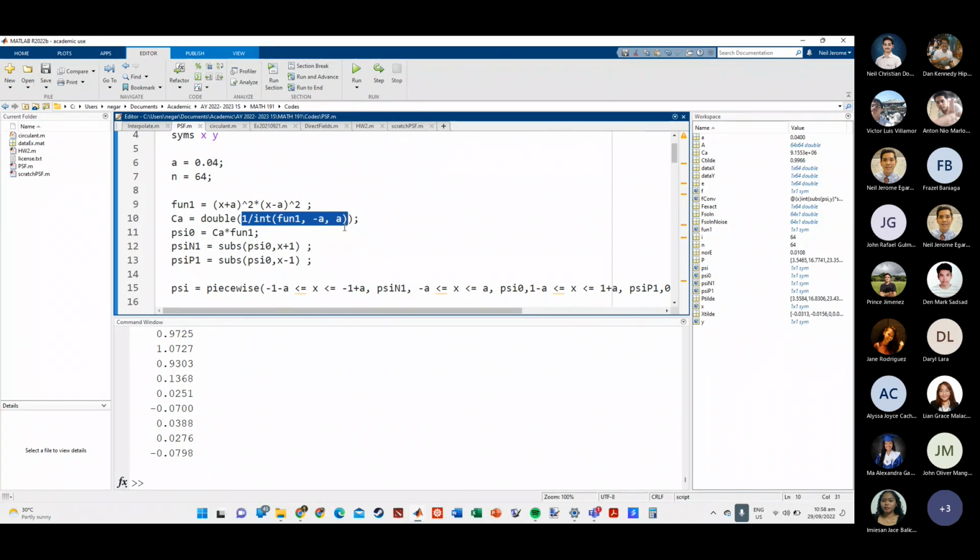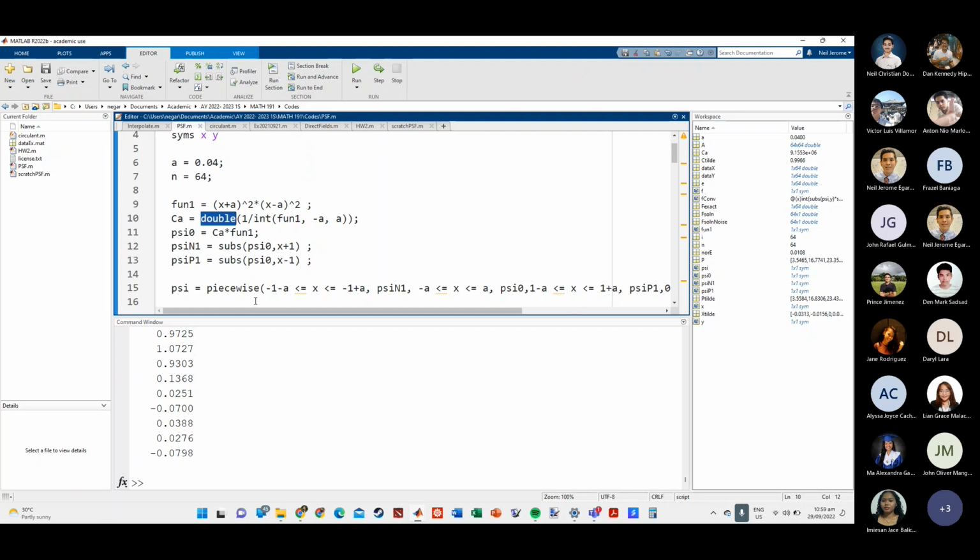So sabi ko lang sa double, okay Matlab, hindi mo kailangan i-compute yung eksaktong value ng integral para gamitin sa rest ng computations, pwede mo na siyang i-convert into a double precision format. Okay? So siguro ito yung 16 decimal digits na lamang para mas madali yung computations. Kasi hindi naman ganon nagmamatter yung maliliit na decimal digits dito sa ating value, right? So yun yung ginawa ng double na command.